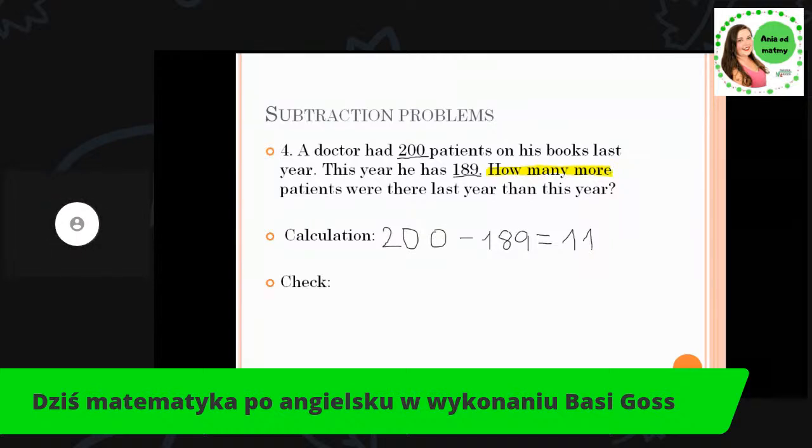That's very good. Well done, Cornelia. Well done, Teresa, Sylvia. And we're waiting for some more answers. And then the check. Going back and using addition. 11 plus 189 gives us 200.